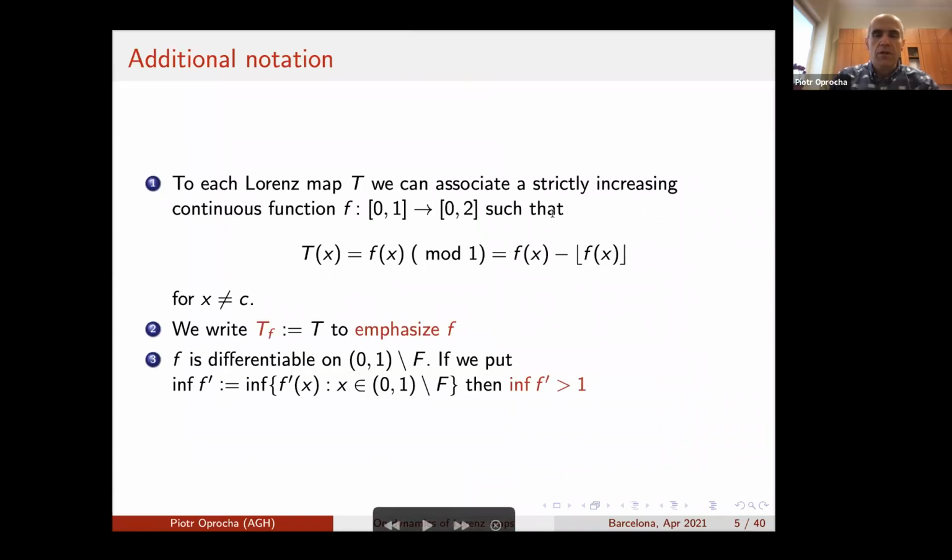So one way of looking at those maps is that you take a map from interval [0,1] to [0,2], and you take it modulo 1, and that way you get this critical point somewhere. And of course, you should also keep differentiability. So sometimes looking at that map F may help you see what's going on with the dynamics. If I use this modulo 1, then I automatically assume that at the critical point, the value is 0.